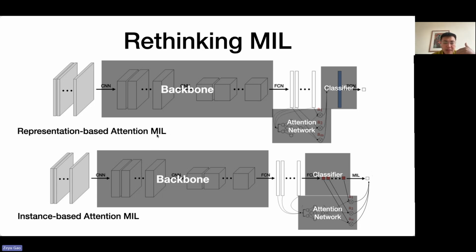And there are two main paradigms. The first one is representation-based attention MIL, which is the SOTA method nowadays, and most people follow this paradigm because you aggregate your patch-level embeddings through your attention network, get the slide-level embedding, and then classify the slide-level embedding into a category.